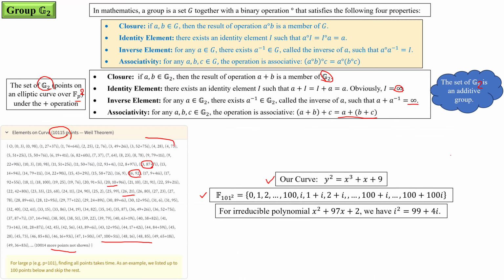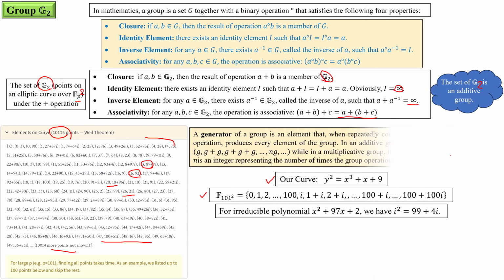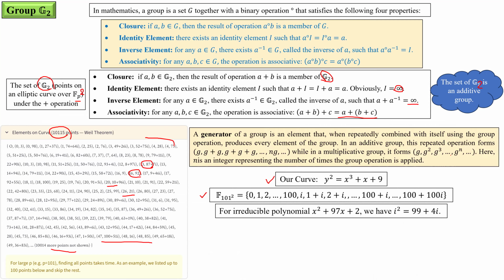And now, like the previous discussion, when we have a group, we have a generator, and our generator for this group is this one, 89 plus 51i and 63 plus 93i. So this means that if you add this G multiple times to itself, you should be able to generate all of these more than 10,000 elements by just picking different values for n.